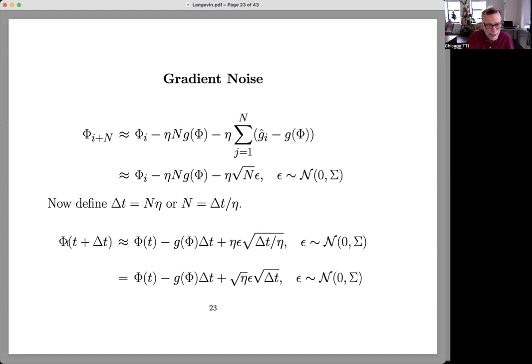We've got phi of t plus delta t is equal to this term, the gradient times delta t, plus this term that goes like the square root of delta t over eta. Okay, so I've just rewritten it. I can rewrite it this way. Again, just listen to the music of it.